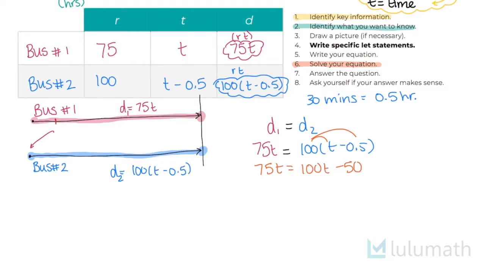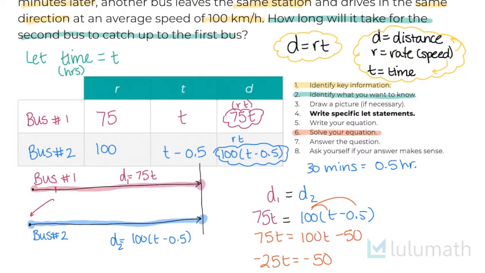And when I subtract 100t from 75t, I get negative 25t. And then I have negative 50 left over. Divide both sides by negative 25 and I get t equals 2. So I know that the amount of time here is equal to 2 hours. So here I can say t equals 2 here, and then here I can say t equals 2 minus 0.5, so it's equal to 1.5.